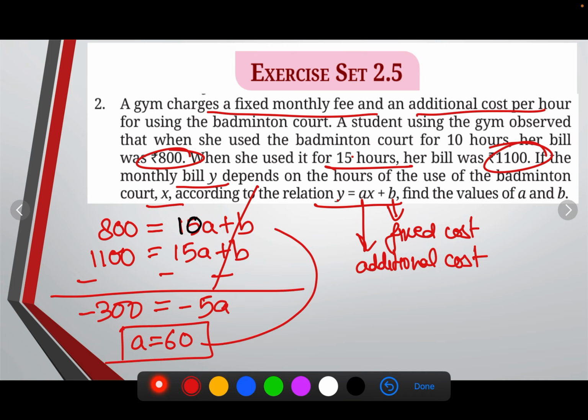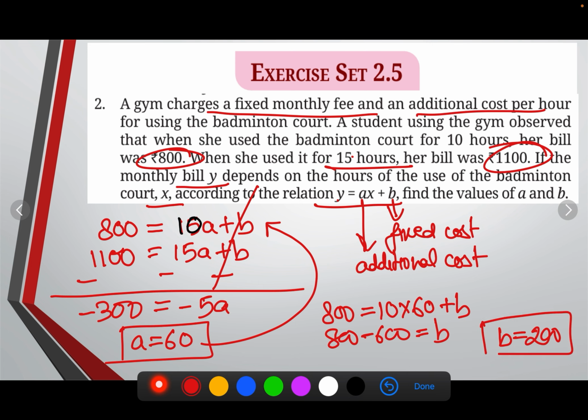If I put this value here, 800 is equal to 10 into 60 plus B. So 800 minus 600 is equal to B. My B is 200. I got both the values A and B. And I can make the linear expression by putting the values if the question says. Here it is not asked.